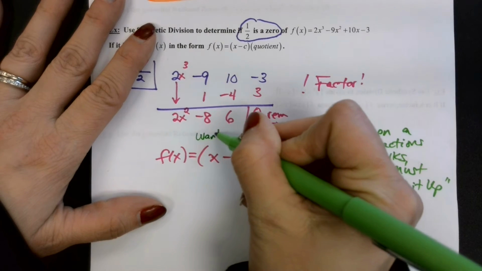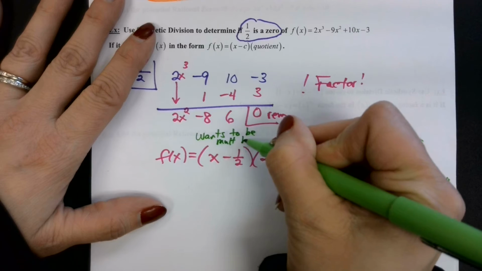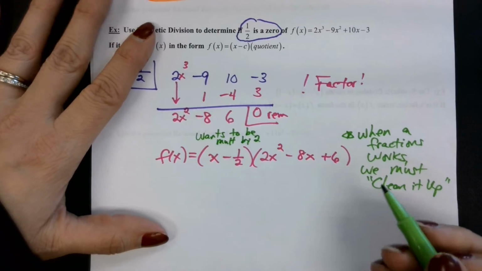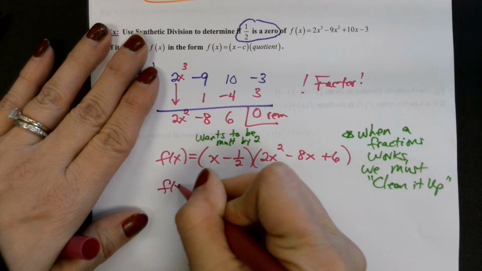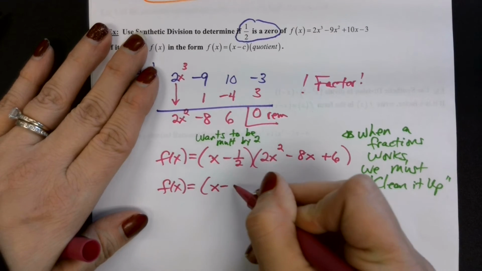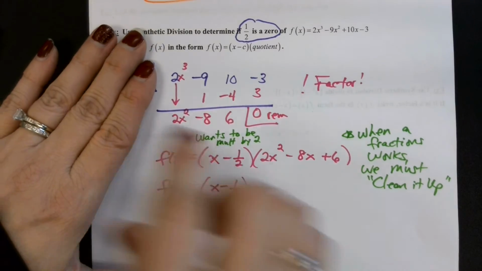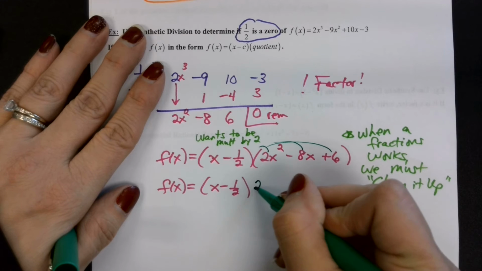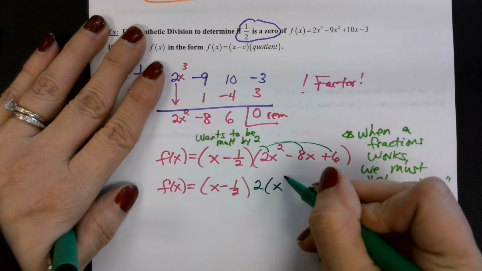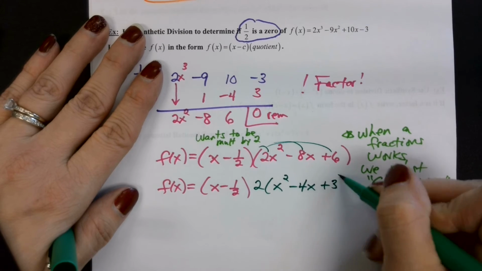He wants to be multiplied by 2. Okay, so what we're going to do here, let's just write down f of x, of course, x minus 1/2. I'm going to look at this polynomial over here, and I'm going to factor out a 2. So now he is x squared minus 4x plus 3.